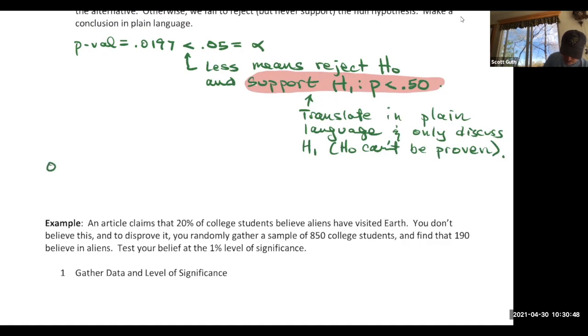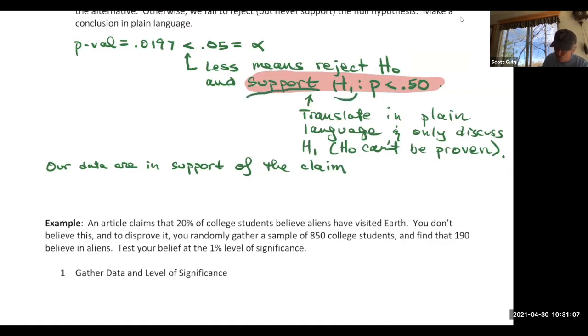So our data, these values are in support of the claim. And this is where I've used the word support here. Instead of H1, I said the claim. Okay, support the claim. The only thing I really threw in was it's the data.